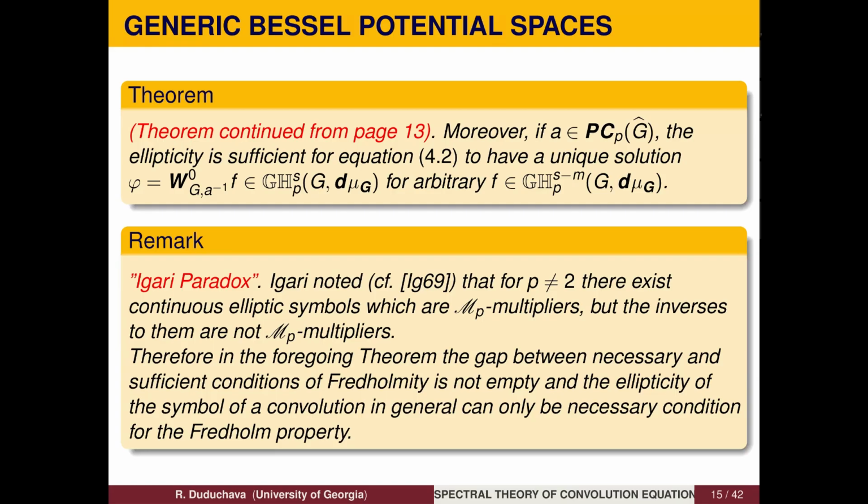He proved in '69 that there is a very interesting property: if p is not equal to 2, then there exist continuous functions which are LP multipliers, and they are also elliptic, but the inverse is not a multiplier. It is a surprising and unexpected example, but it is so.